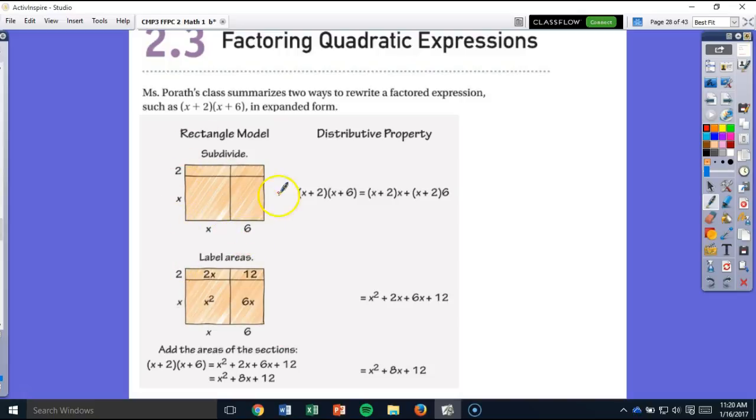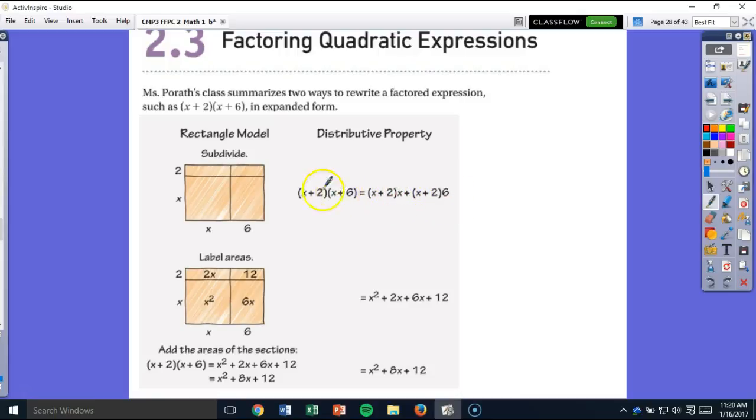They've taken this information from these sets of rectangles, and we have x plus 2 here, times our x plus 6, because that's the length of this side, x plus 6. And they are looking at factoring out an x and a 6.